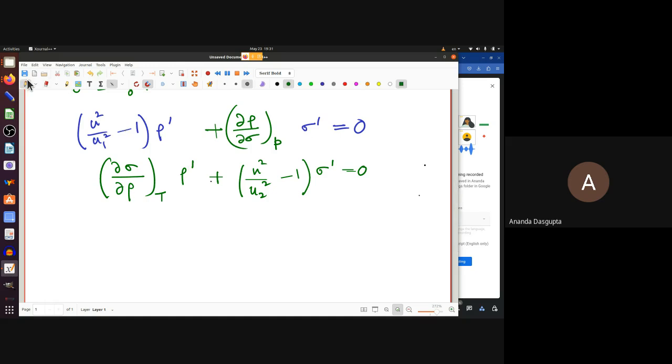Now, can anybody tell me what these two equations imply about u, the velocity which is sitting here?